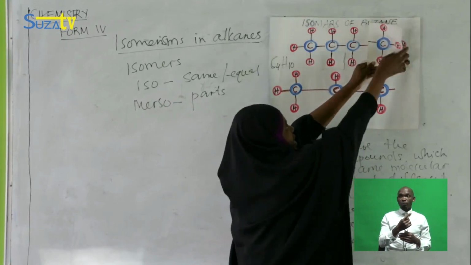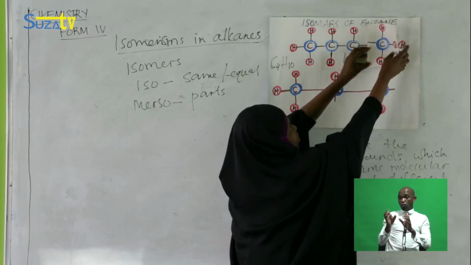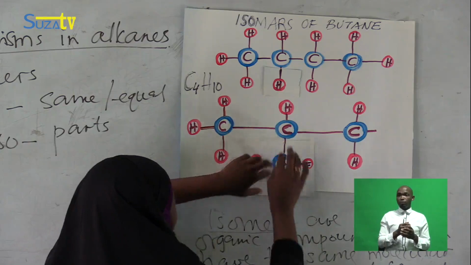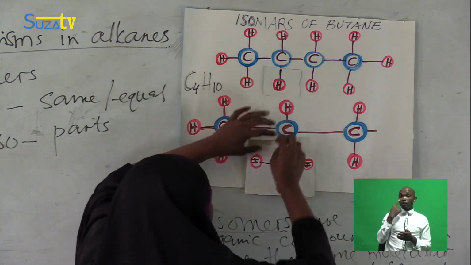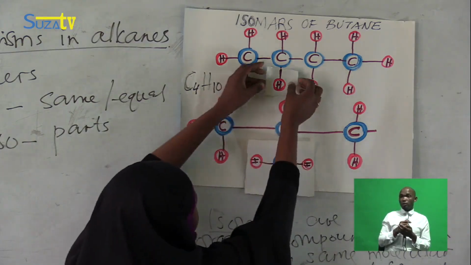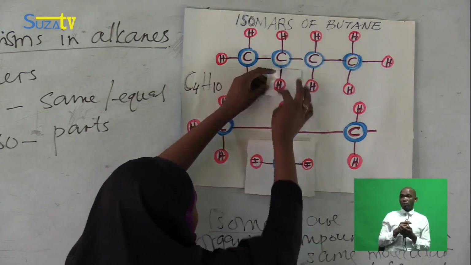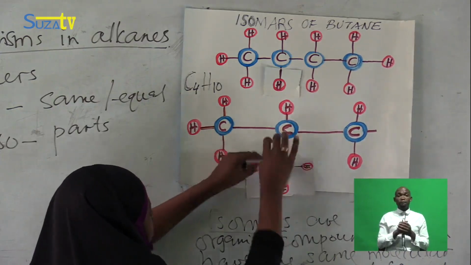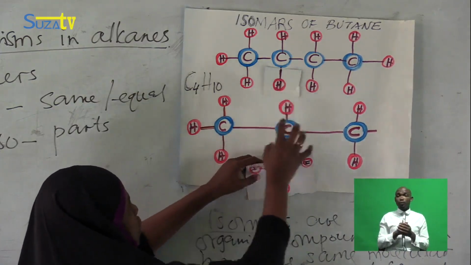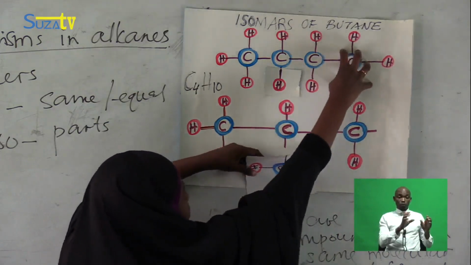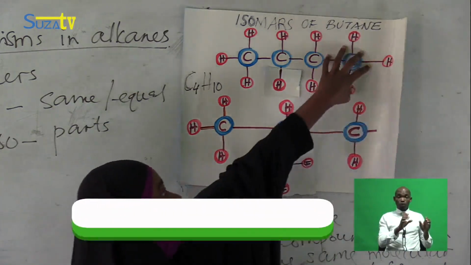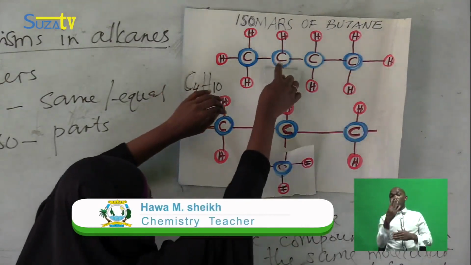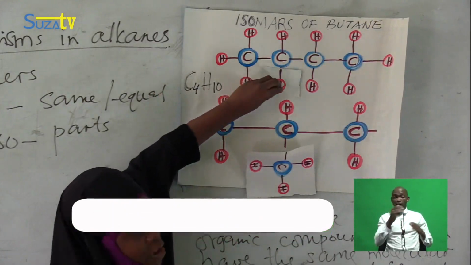So let us detach this alkyl group and attach it to carbon 3 here. Remember there was a hydrogen here. So we detach this alkyl group and attach it on this carbon number 3. So where will this hydrogen go?